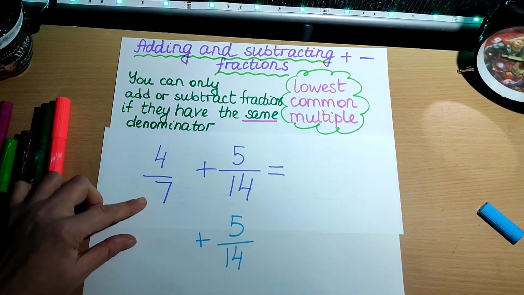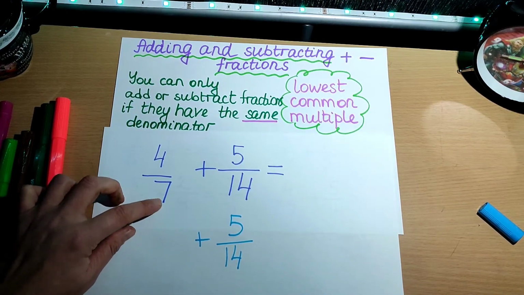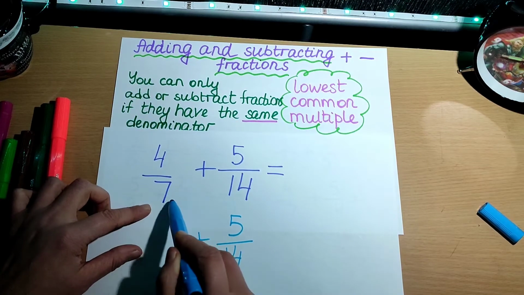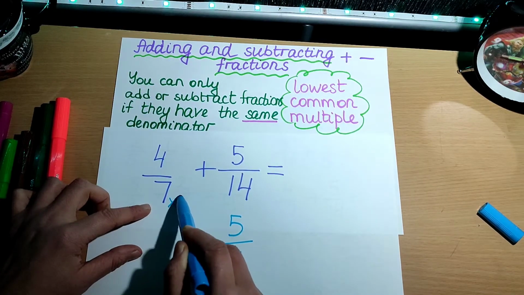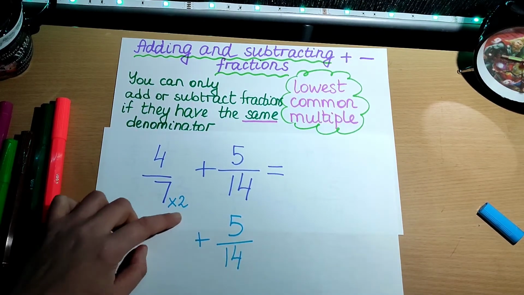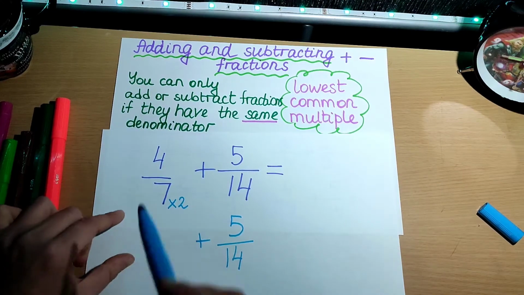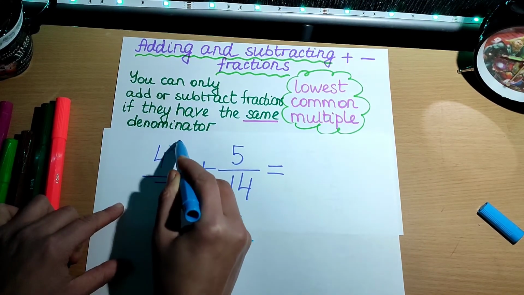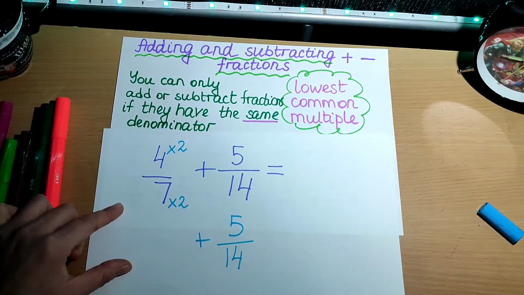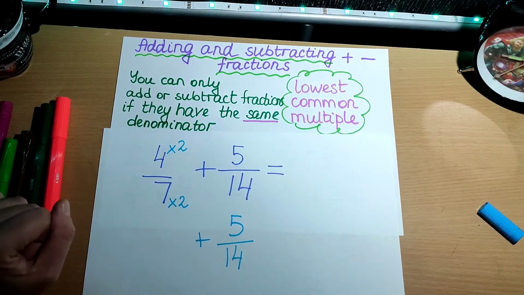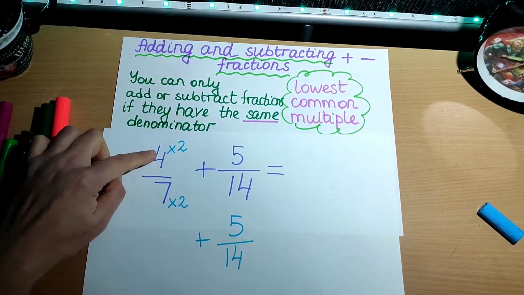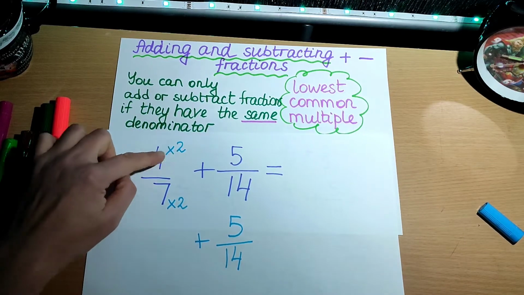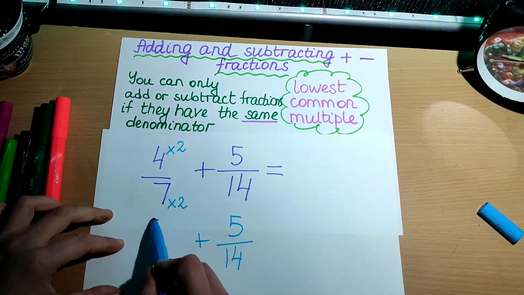And let's turn 7 into 14. How do we do that? We multiply 7 by 2. Whatever we've done to our denominator, we need to do the same to our numerator. Otherwise, the fraction won't be equivalent. So 4/7 is the same as 8/14.